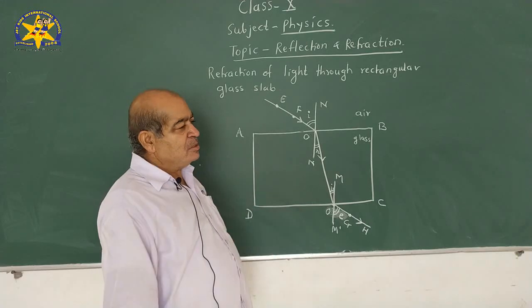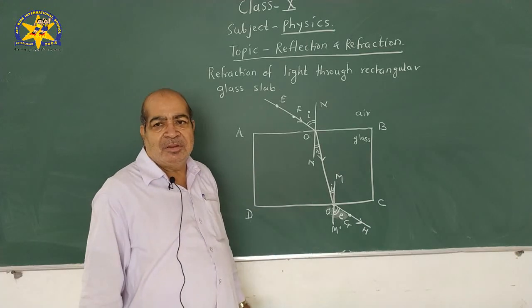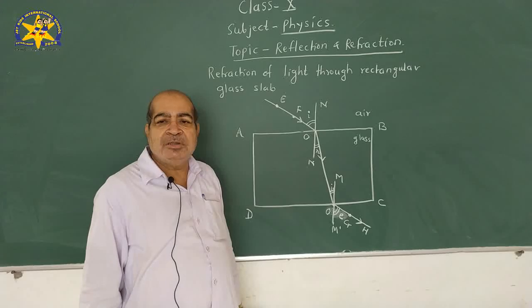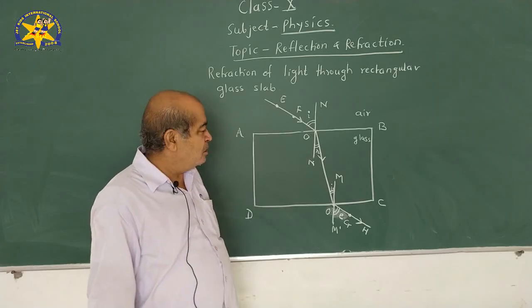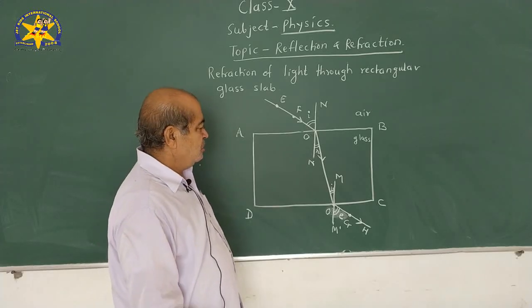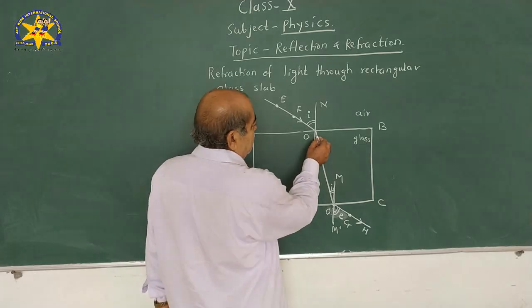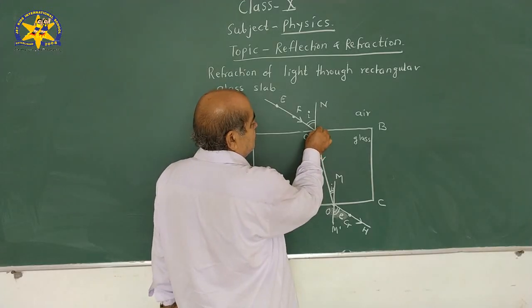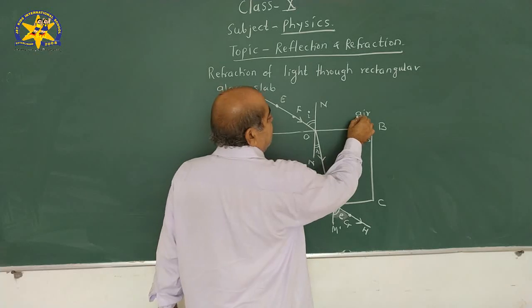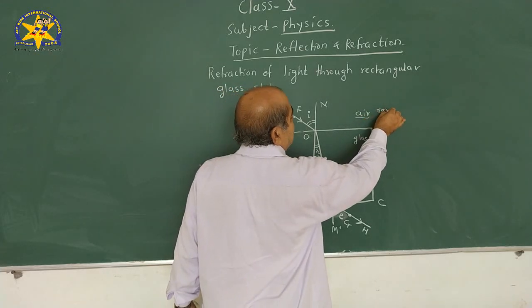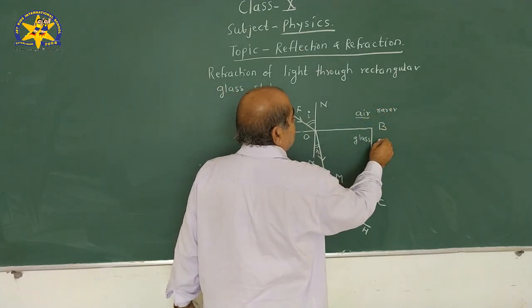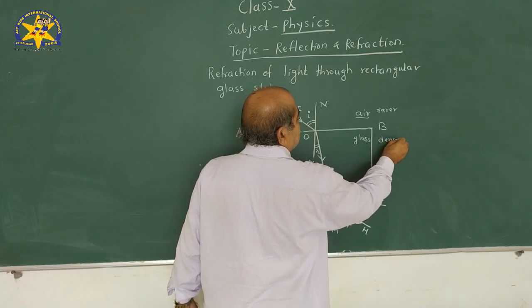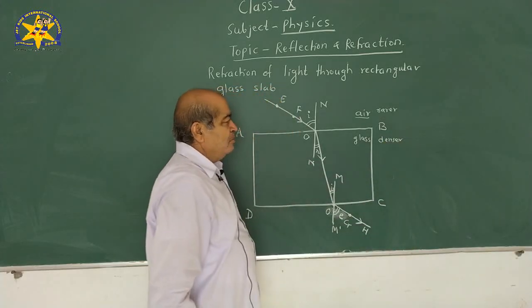From this experiment, the following observations are drawn. Air is the rarer medium, and glass is the denser medium.